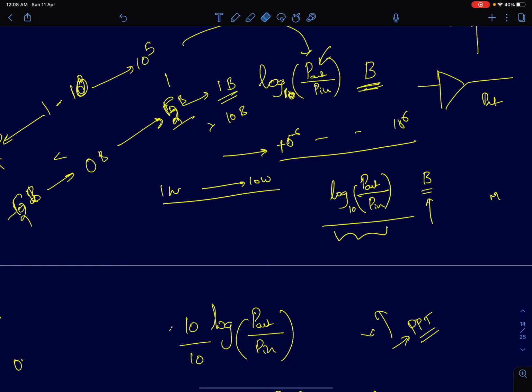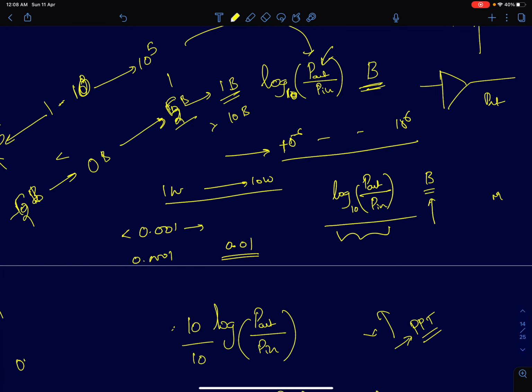But now if the power numbers that we are dealing with happen to be in the range of say 0.001 watt or less, or probably between 0.0001 and 0.01, in that case, using watts really doesn't appeal.